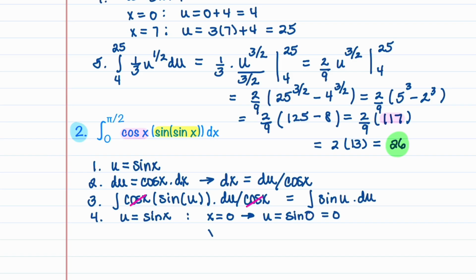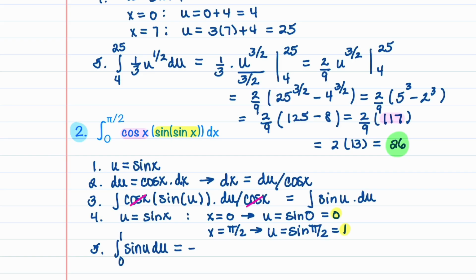And then we're going to let x be equal to pi over 2. This gives us u is sine pi over 2, which is 1. So when we're integrating in terms of u, we're going to integrate from 0 to 1. Our integral is the integral from 0 to 1 of sine u du.